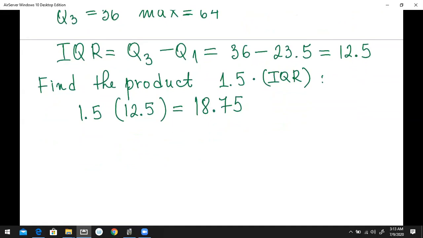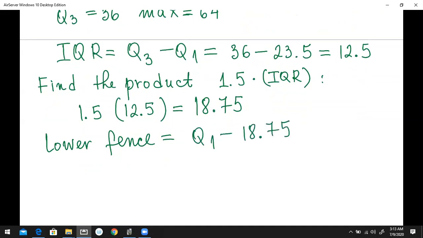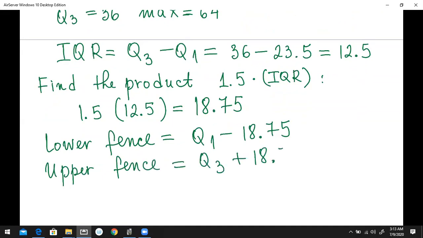So we have a lower fence that will be quartile 1 minus 18.75, and the upper fence will be quartile 3 plus 18.75.